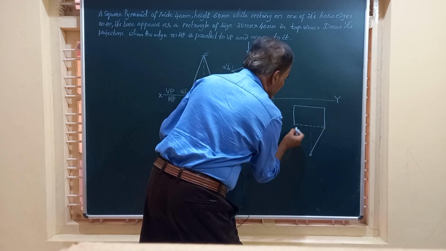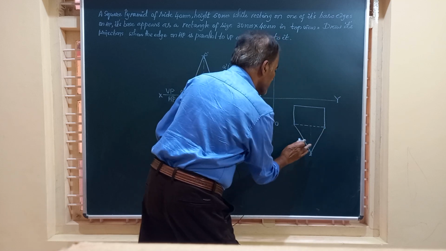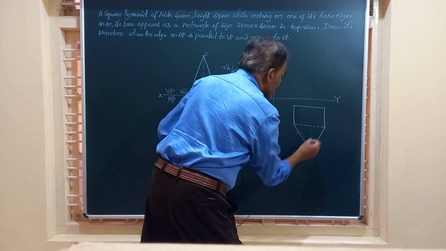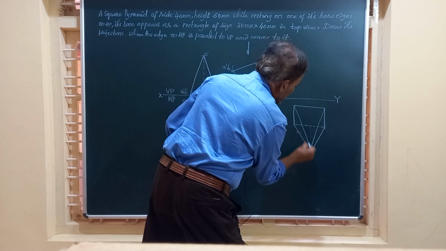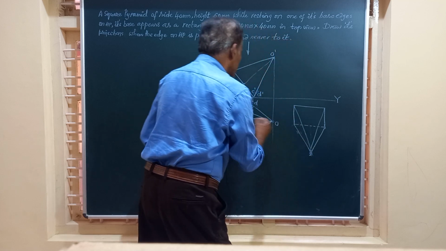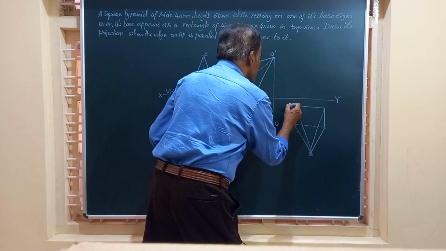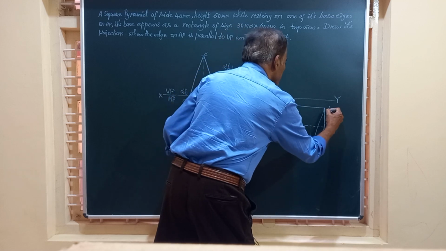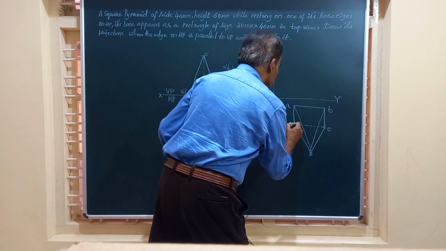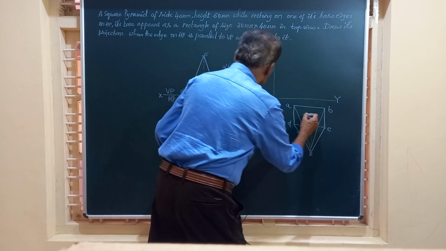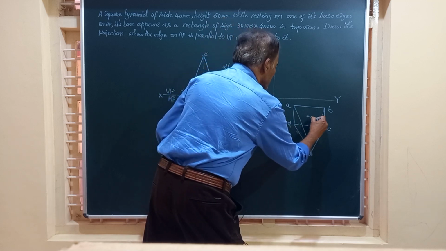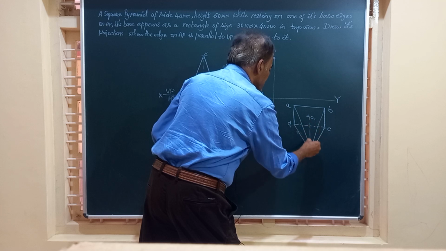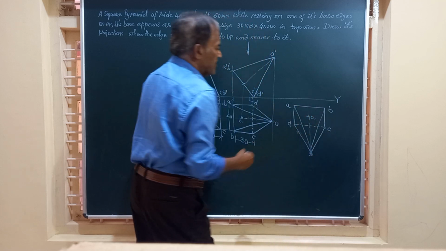Join all this by full lines, full line and this by full line. So I joined all these, and the last edge is AB. I can call this AB. This is C. This is D. The center of this is O1. O1, you can say this is the axis of the solid, and we join all these.